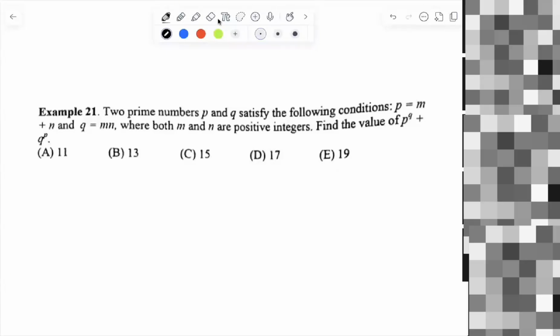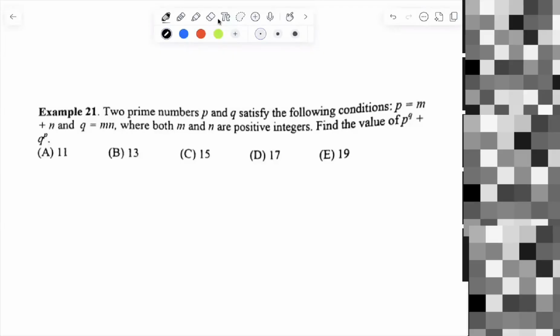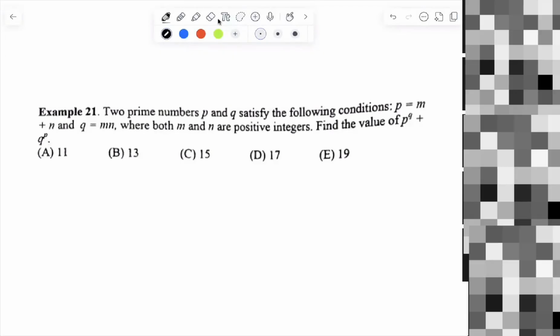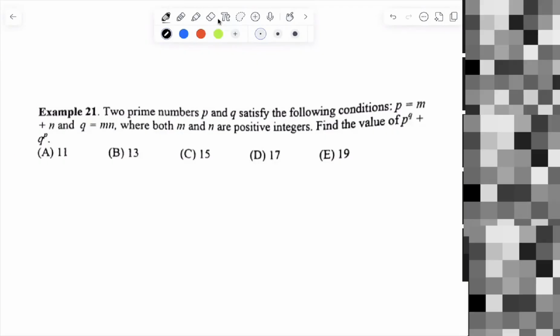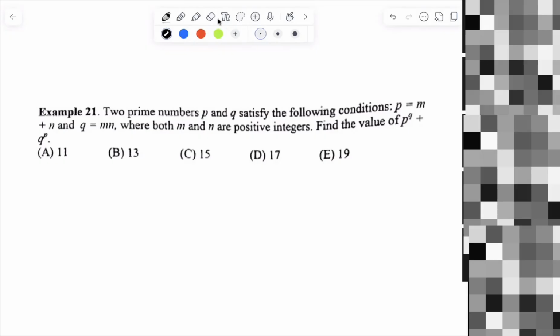All right, let's get started with this question. So, how do we approach this? Notice that P and Q are prime numbers, and P and Q satisfy the following conditions: P equals m plus n, and Q is equal to m times n.